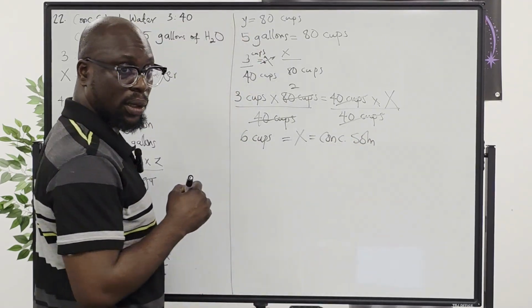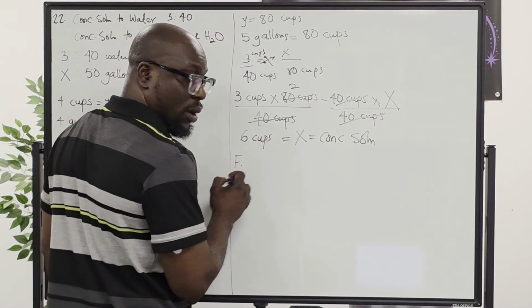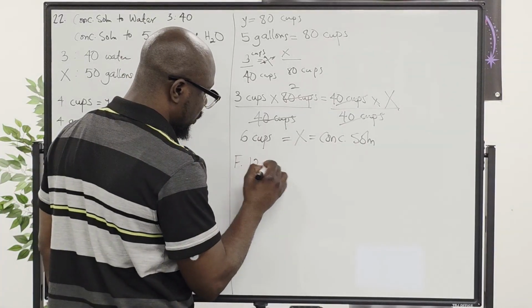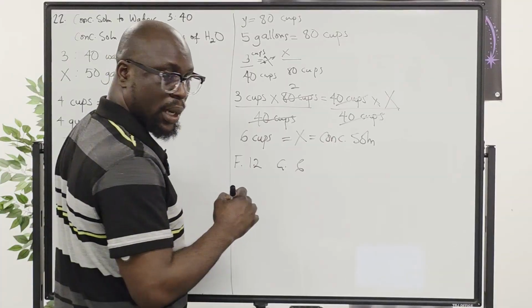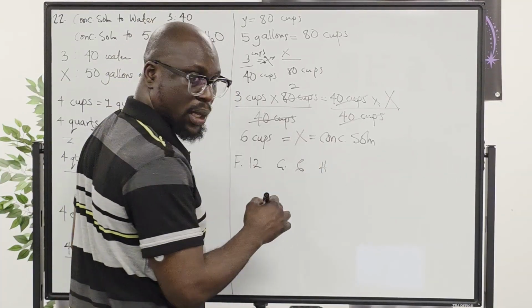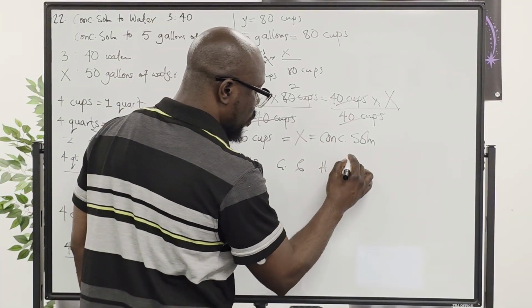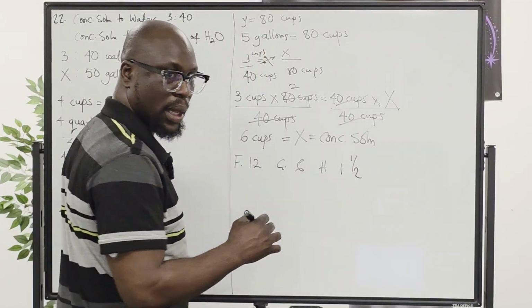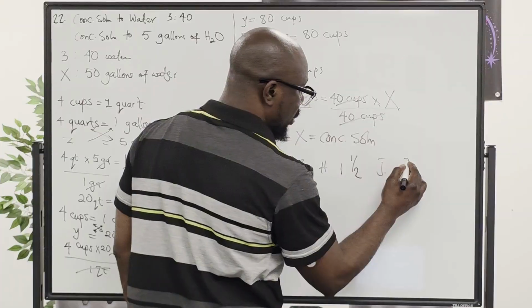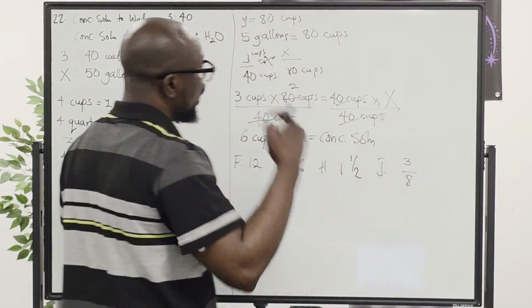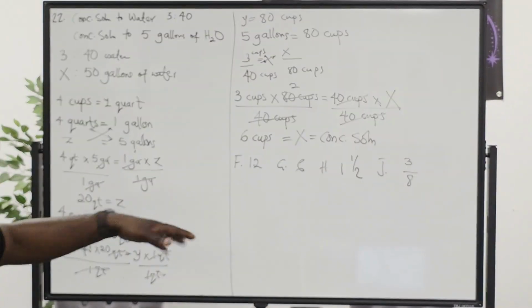The options we're given in the question: F is 12, G is 6, H is 1 over 2, and J is 3 over 8. So now let me give you a quick way to find the answer in the exam.